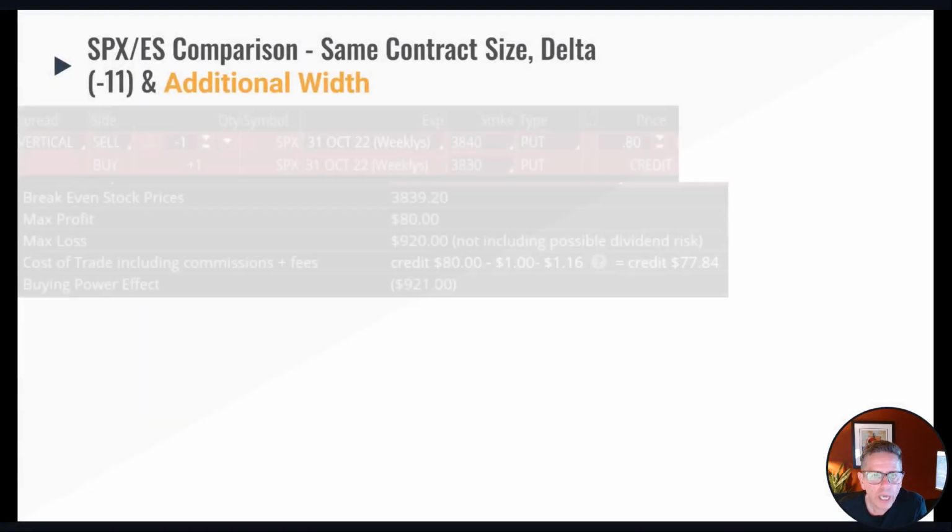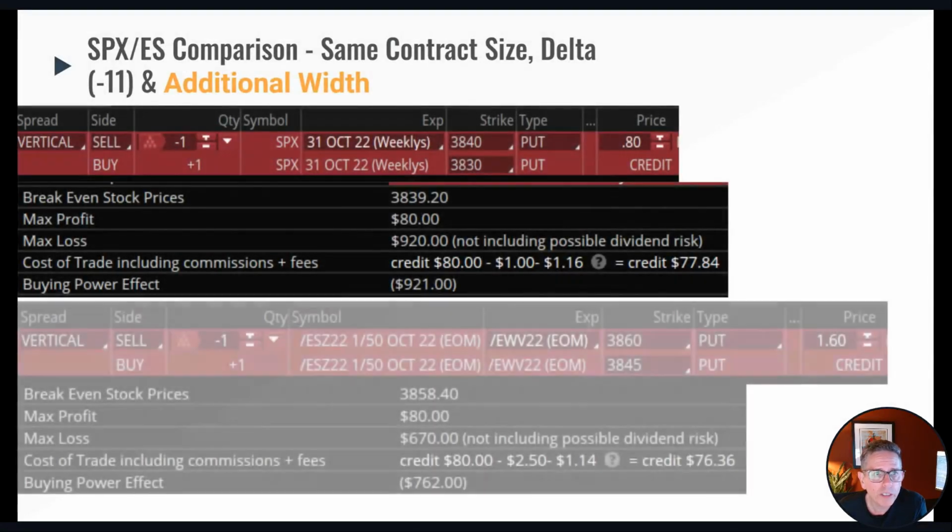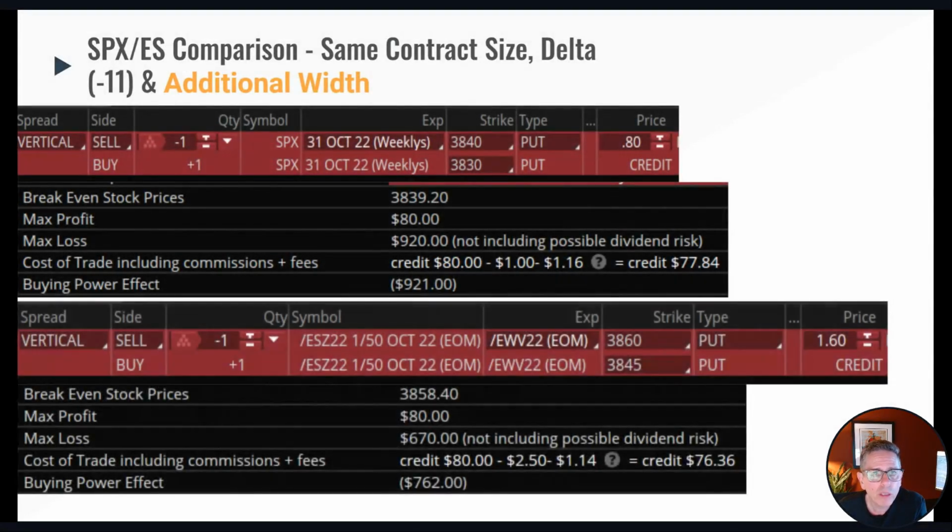So now let's look at it with a 15 wide spread. So instead of a 38.40, 38.30, we're looking at a 38.60, 38.75. Now keep in mind, now we get a credit of 160. So divide that by 2, you get 80, right? So now we're looking at apples to apples. Now these really are coinciding.